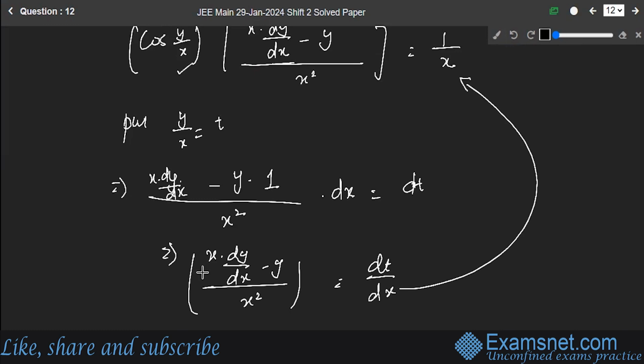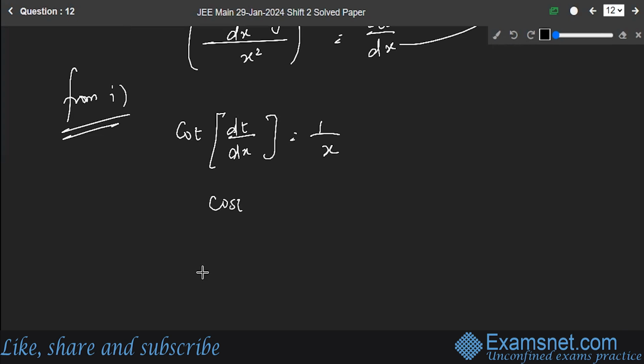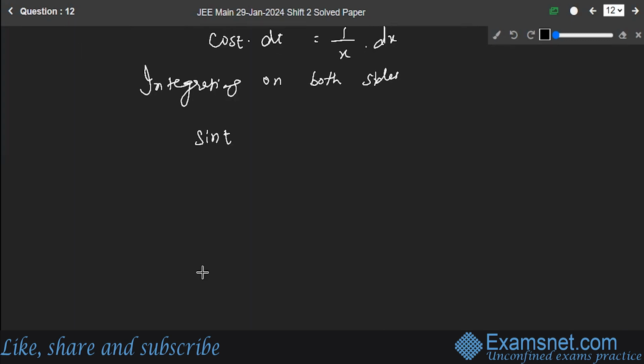So you will have cos t into dt by dx is equal to 1 by x. Or cos t dt is equal to 1 by x dx. Integrating on both sides, the integration of cos t will give me sin t, and this is log of x.